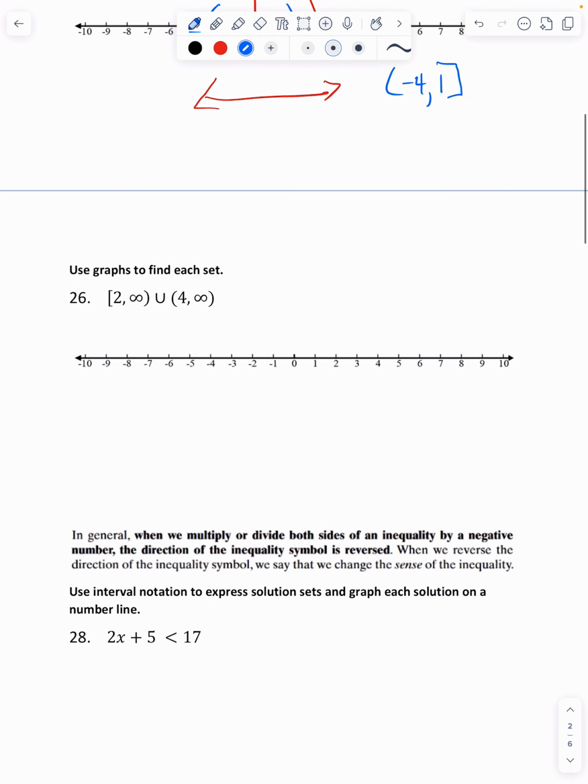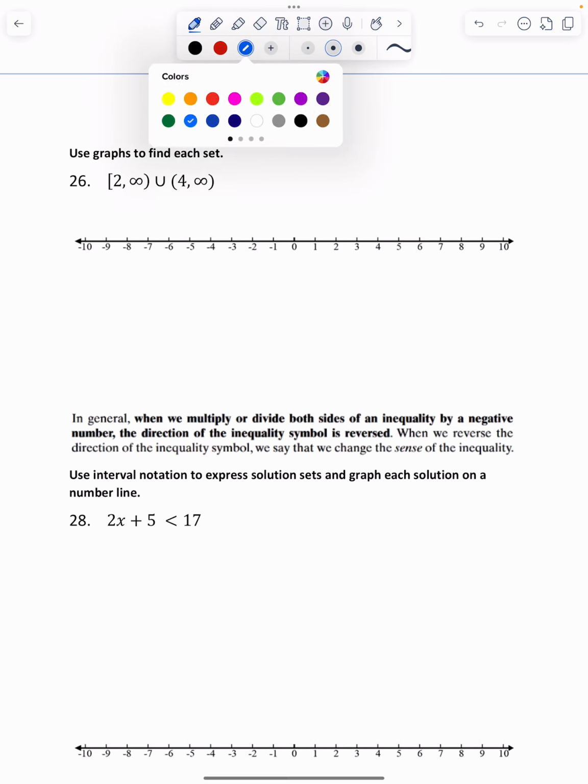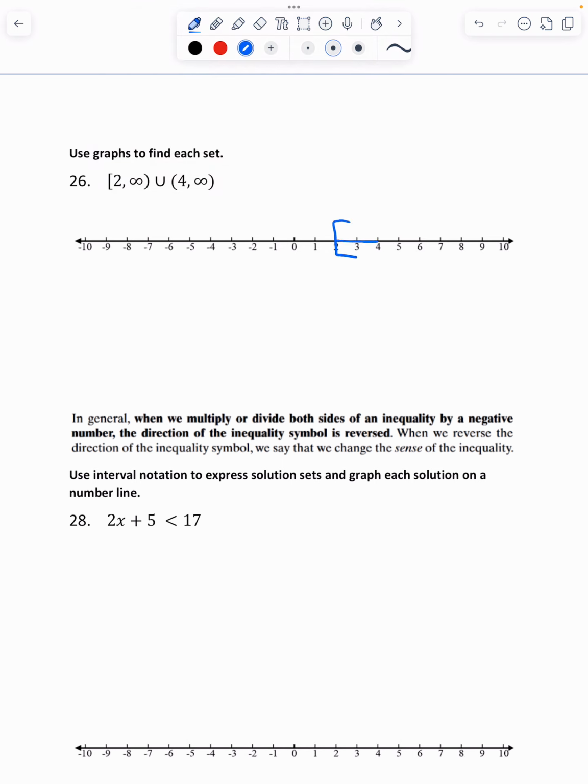Okay? In 26, let's graph both of these. So I'm going to start with 2, and I'm going to go to infinity. So it's left to right. This is a union. I'm going to start with +4.